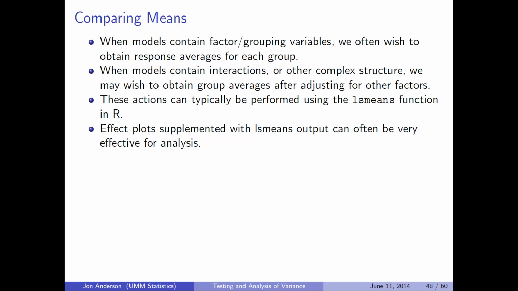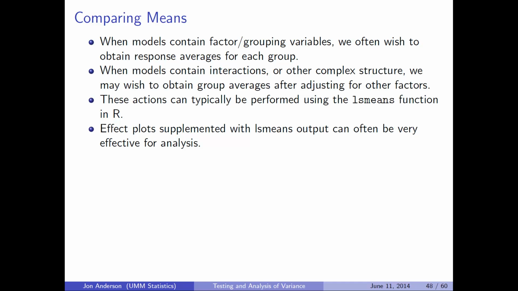When we have models with grouping and factor variables, a lot of times what we want to do is estimate group effects or group averages. When there are interactions or other continuous quantitative variables in the models, we would want to compare groupings and effects at certain levels of our other regressors.